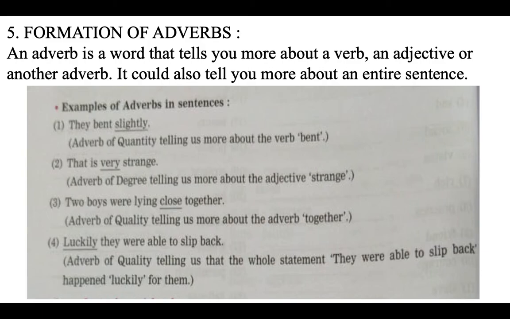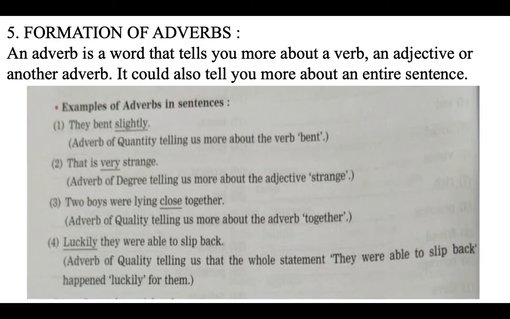It is very strange. Two boys were lying close together. Adverb of quality telling us about the adverb together. Together is also an adverb, but we're getting more information about how they were lying together, that is close. Luckily, they were able to slip back.